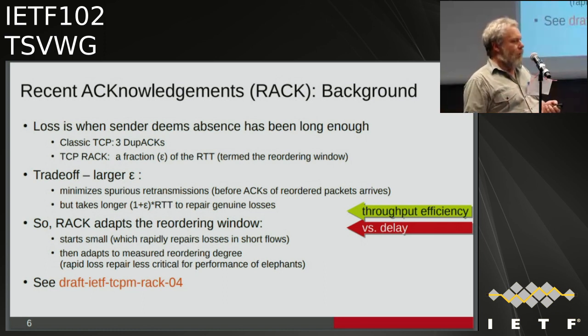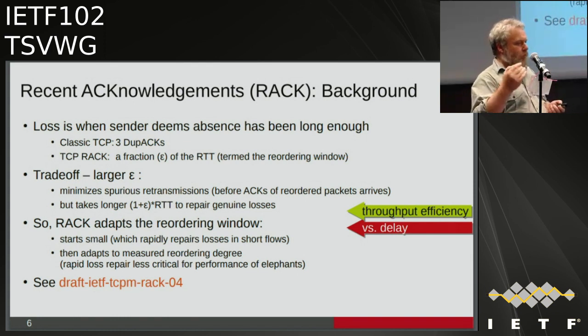I've called that epsilon, although it's not called that in their draft because you can't write that in ASCII. But it's certainly what mathematicians think of as a small fraction. Now there's a trade-off over the value of that fraction. If you have a larger fraction, epsilon, you get fewer spurious retransmissions.